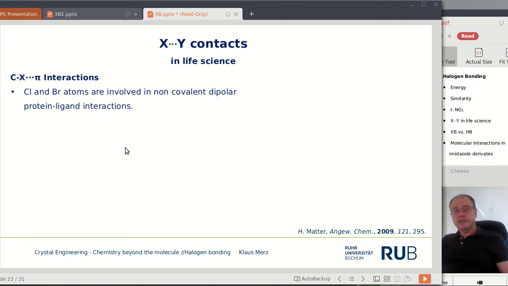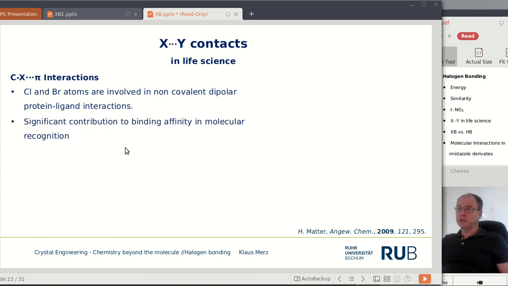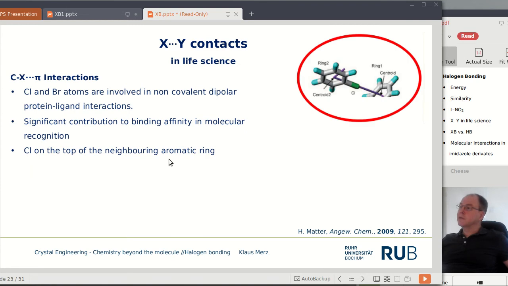Very often you will see it in the protein-ligand interaction. Yes, on the top is a neighboring aromatic system. Here you see, this was a figure, this is the aromatic system, and a residue with a chlorine substituent. So it's not only restricted to bromine and iodine, also chlorine. This is orientated on the middle of a pi system.